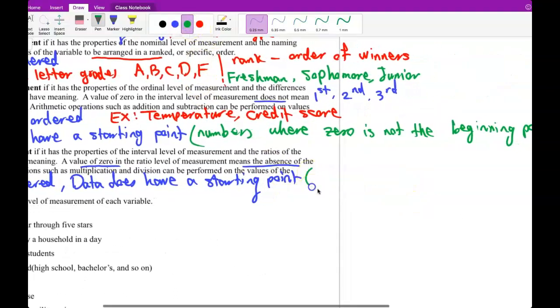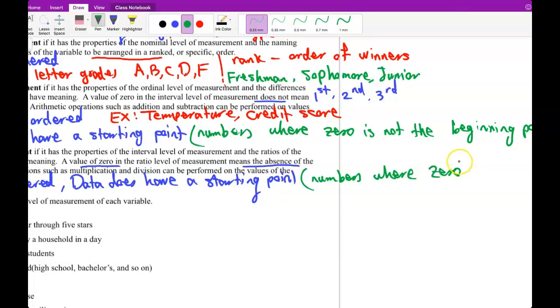In other words, numbers where 0 is the beginning point.